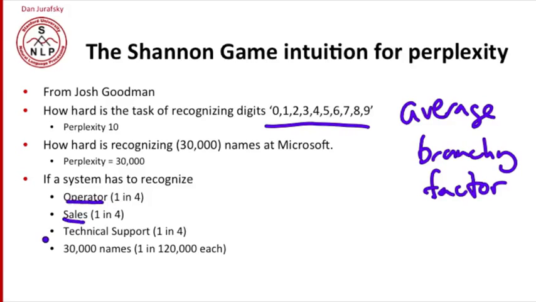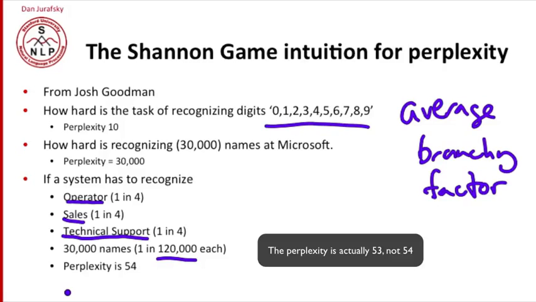The word sales occurs a quarter of the time. The word technical support occurs a quarter of the time. And then with 1 over 120,000 probability each, another 30,000 names occur. So now we have to take the weighted average of all these possibilities to compute, on average, how likely is any one word to occur. And now the perplexity is 54. So the perplexity, again, is the weighted equivalent branching factor.